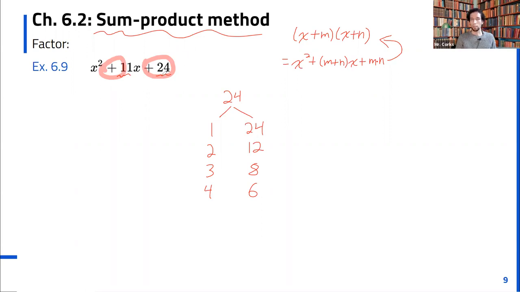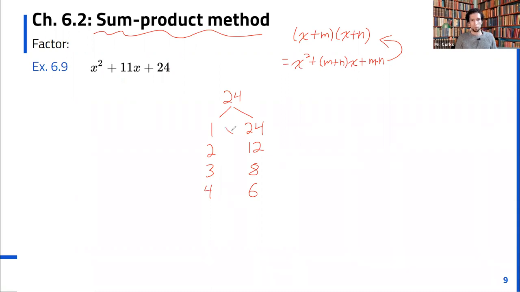So if they must have the same sign and the b term is positive, and b is one plus the other, they both must be positive. If that's not the case, we would have to consider maybe -1 and positive 24, or negative 24, positive 1, like that. But in this case, it's nice and easy, both just positive.